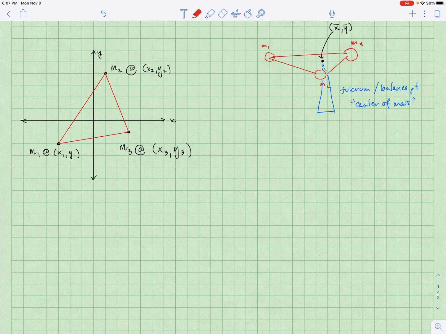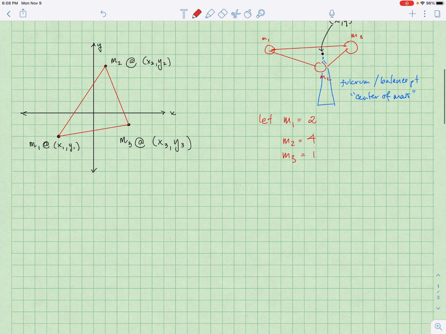Let's go ahead and give these masses some values. Let's just use some unitless stuff here. Mass 1 equals 2, mass 2 equals 4, and mass 3 equals 1. And we'll go ahead and use the coordinates I've kind of got laid out here.